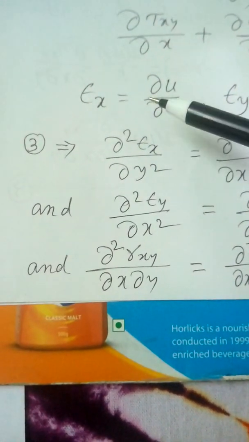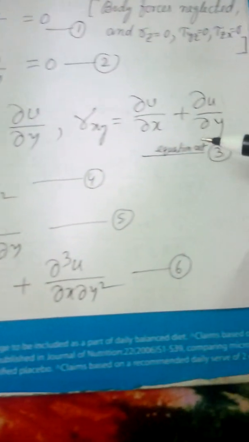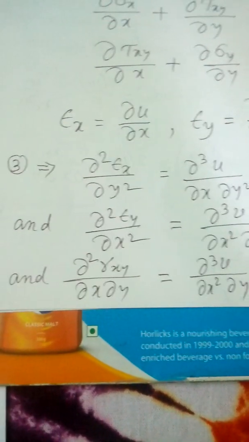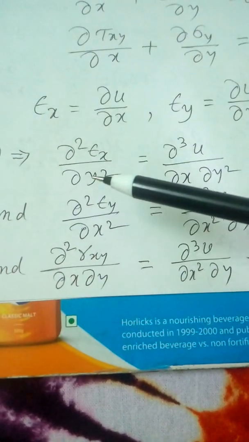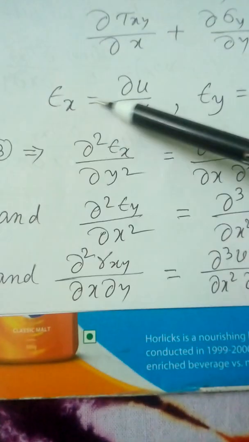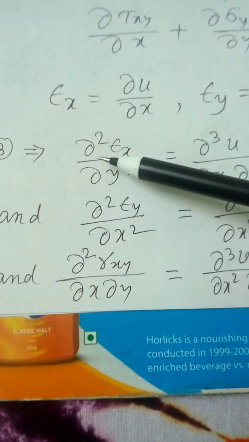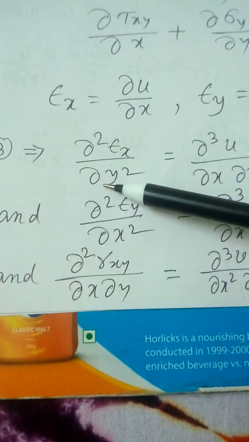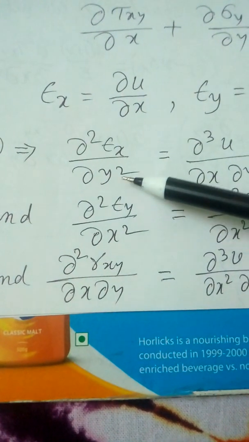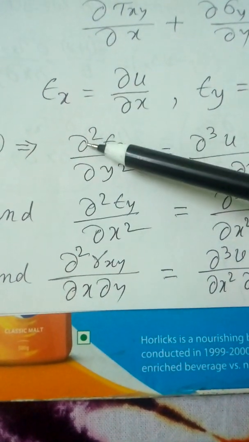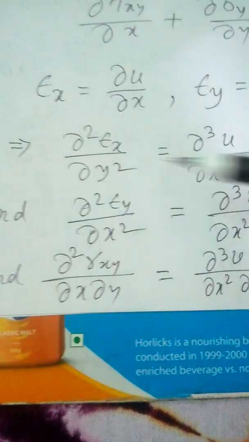So from 3, from these sets, all sets, you just differentiate this partially twice, so del square sigma x by del y square is equal to this one.